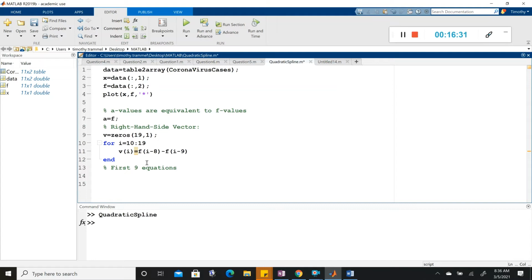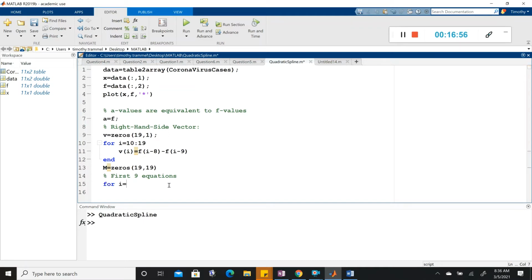Let's maybe call it M. Okay. We'll start off with a blank one. M equals, and it should be a 19 by 19, right? We have 19 unknowns. Okay. So if we were going to do that, we could say zeros of 19, comma, 19. But yeah, let's start setting up those first 9 equations.